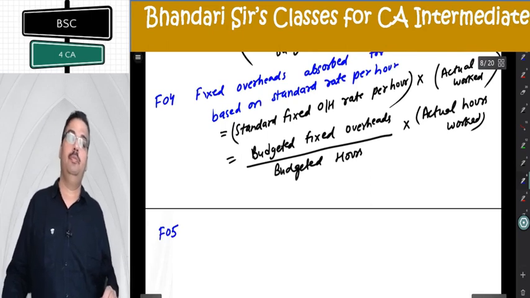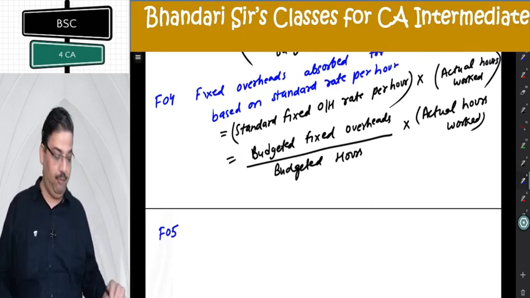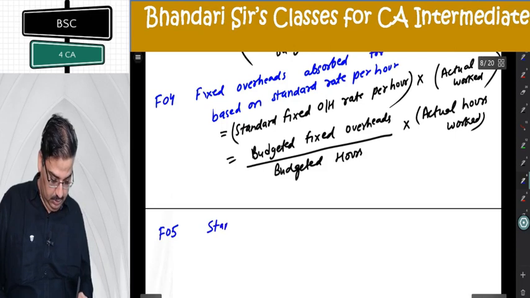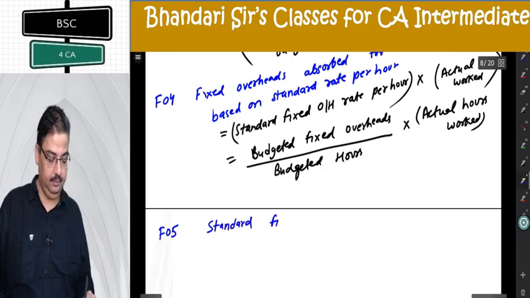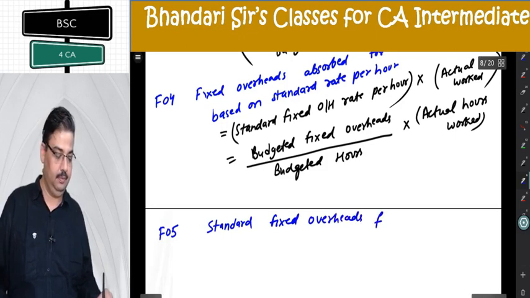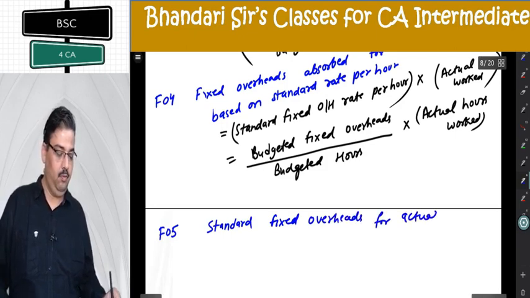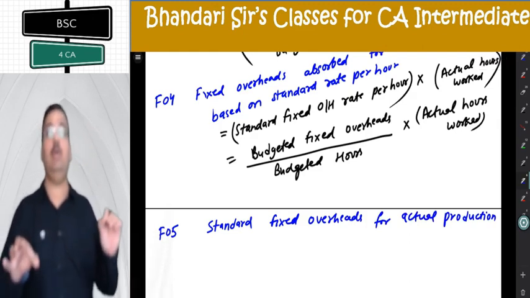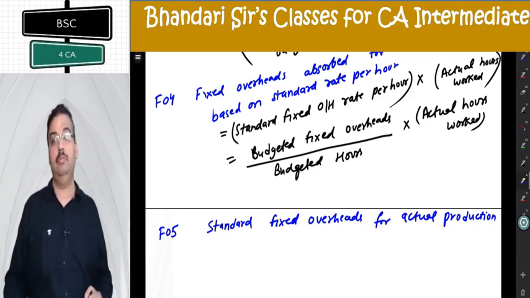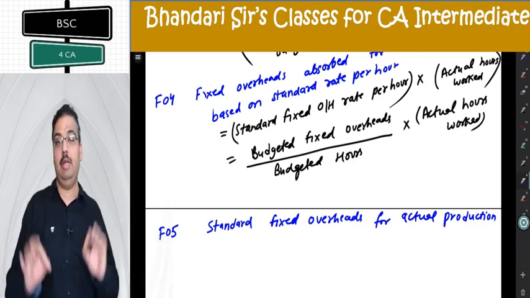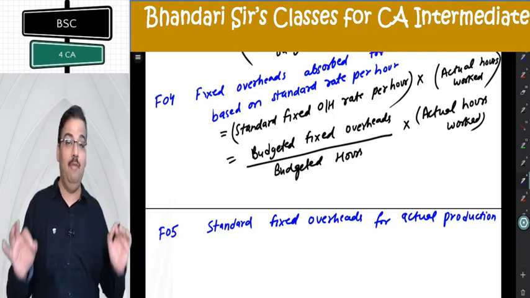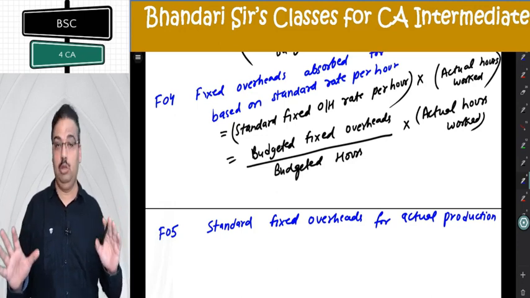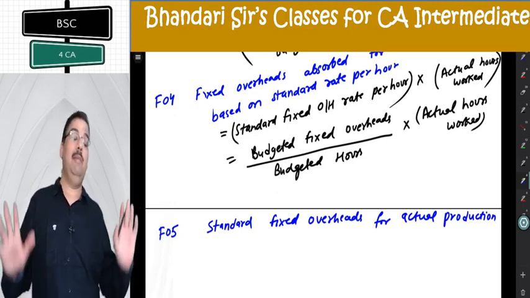FO5. There are many ways of writing the header of FO5. Standard fixed overheads for actual production. That is the best way of writing the last step of any cost variance. Standard cost for actual production. Just name the cost in between. L5, M4, VO3, FO5 are named in the same manner.